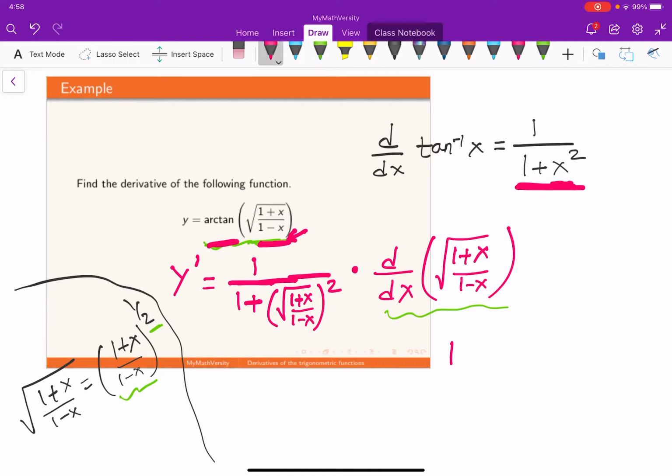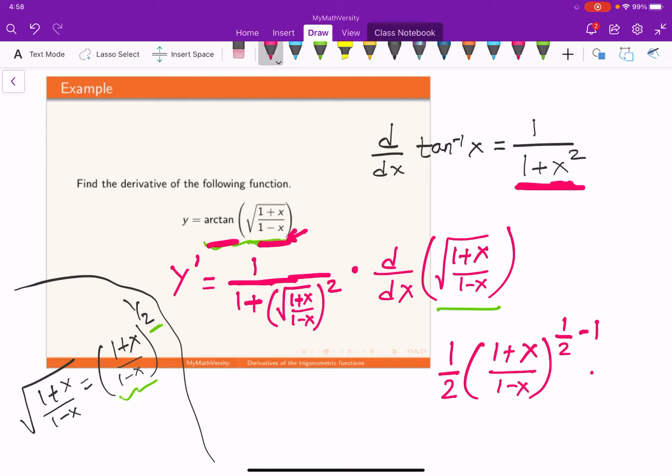So when you apply that, the derivative of this function over here looks like what? Bring the power down, so the exponent is down as a coefficient. Write down the function as it is, so (1 plus x) over (1 minus x), and everything raised to the power 1/2, which is the exponent, minus 1, right?